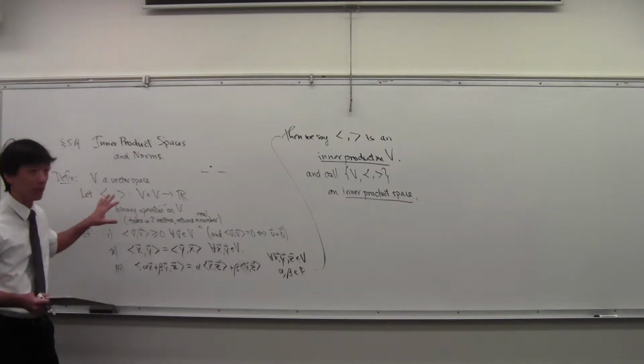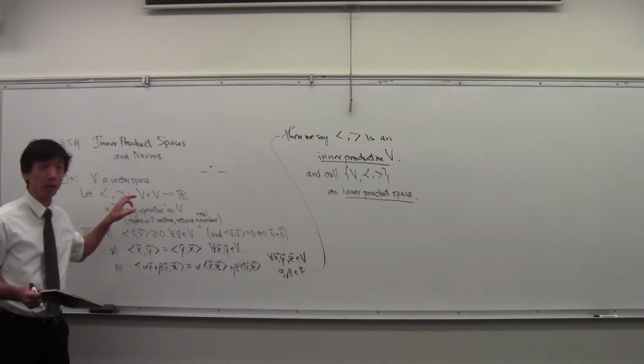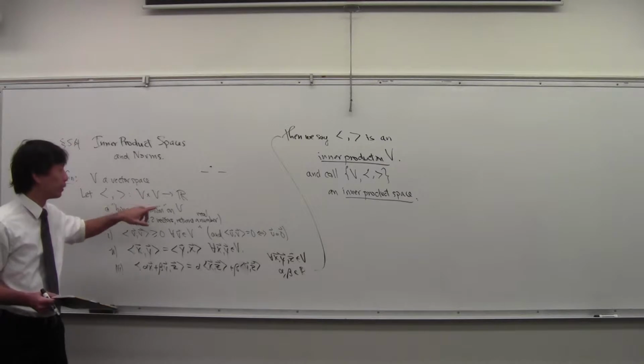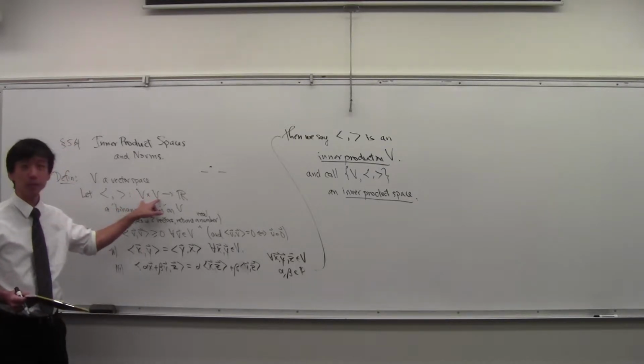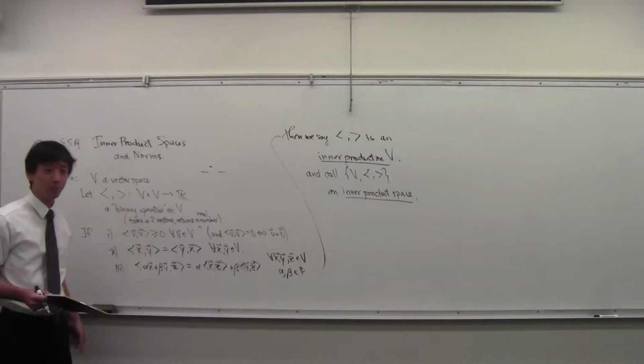Okay, the way you want to think about this is to think about the dot product, right? If these guys are Euclidean space, well, hold on, people are still copying.